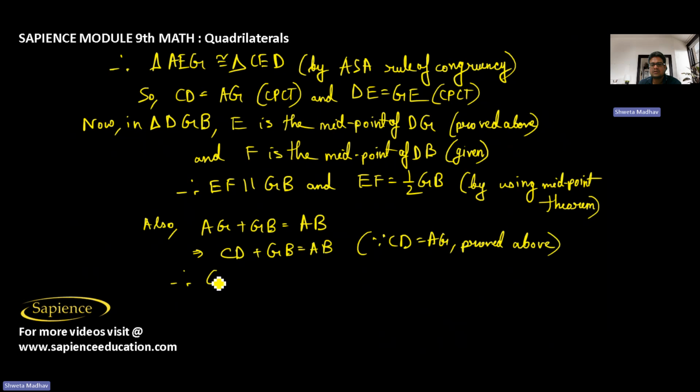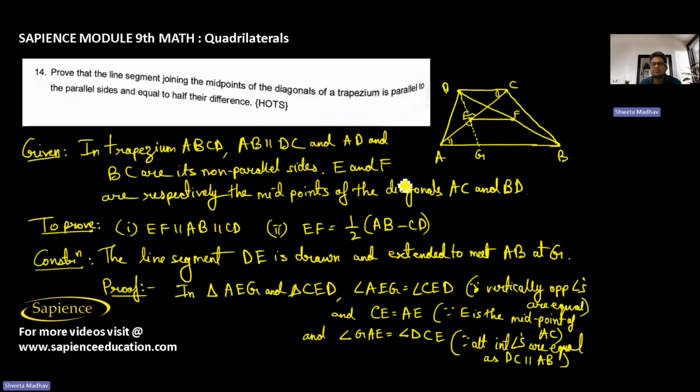Therefore, I can say GB is equal to AB minus CD. Now EF is parallel to GB, which means EF is parallel to AB also, and AB is parallel to DC, which is given.